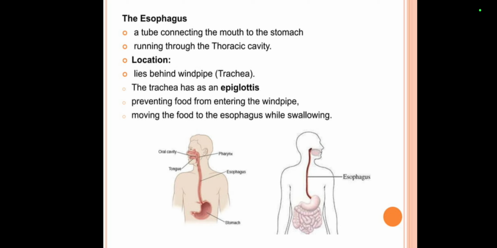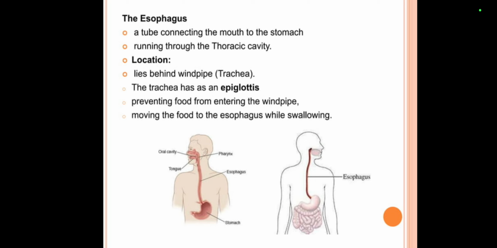The esophagus is a tube connecting the mouth to the stomach. It runs through the thoracic cavity. The esophagus is a tubular, elongated organ of the digestive system which connects the pharynx to the stomach, and which is located in the thoracic cavity.